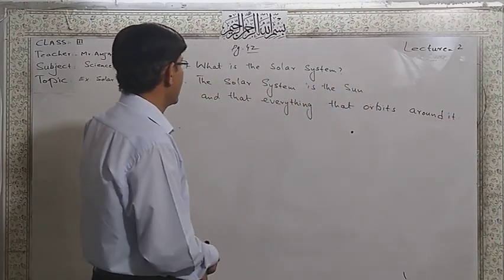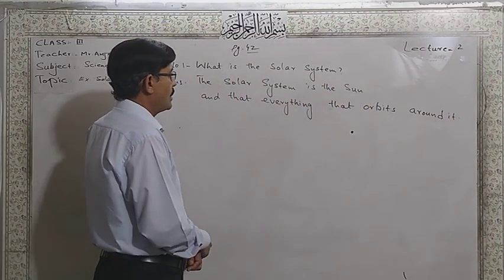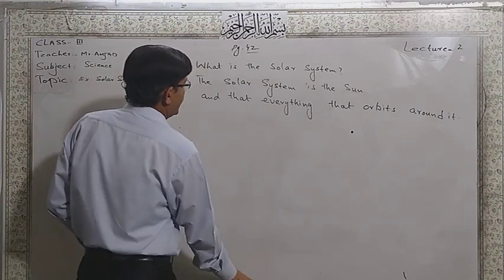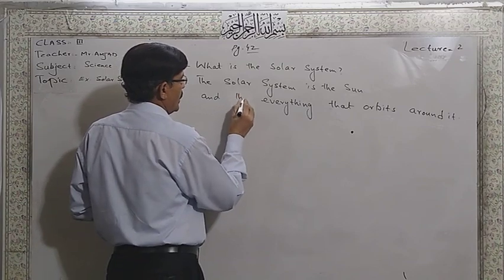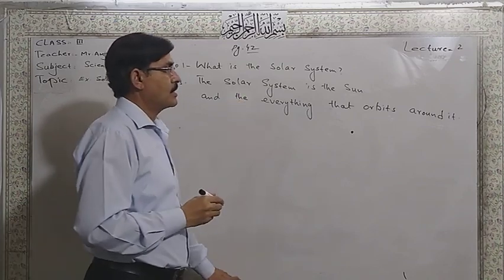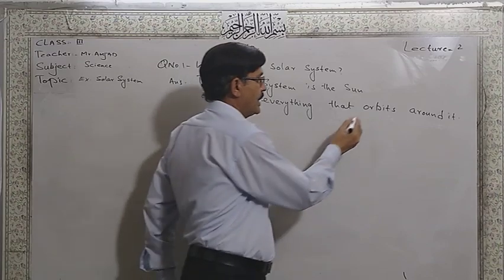The solar system is the sun and everything that orbits around it.